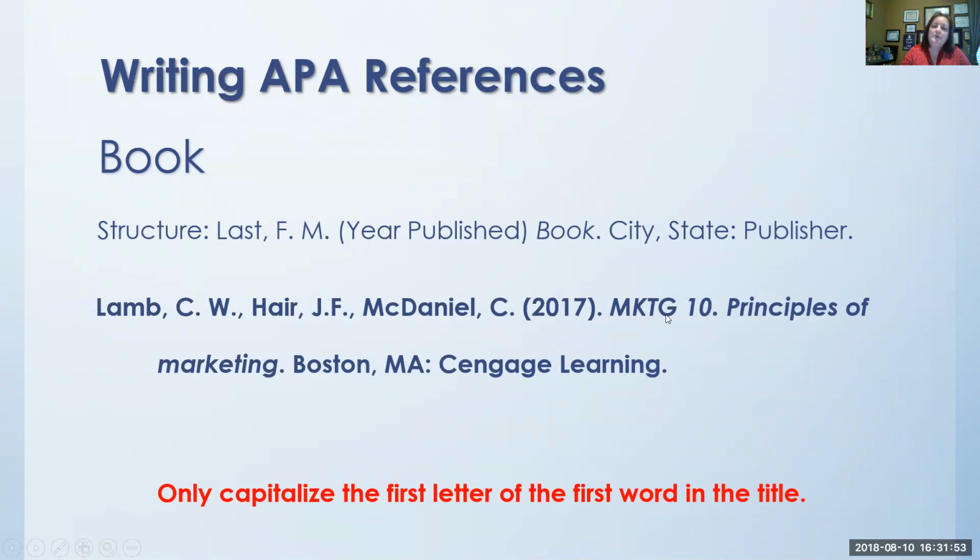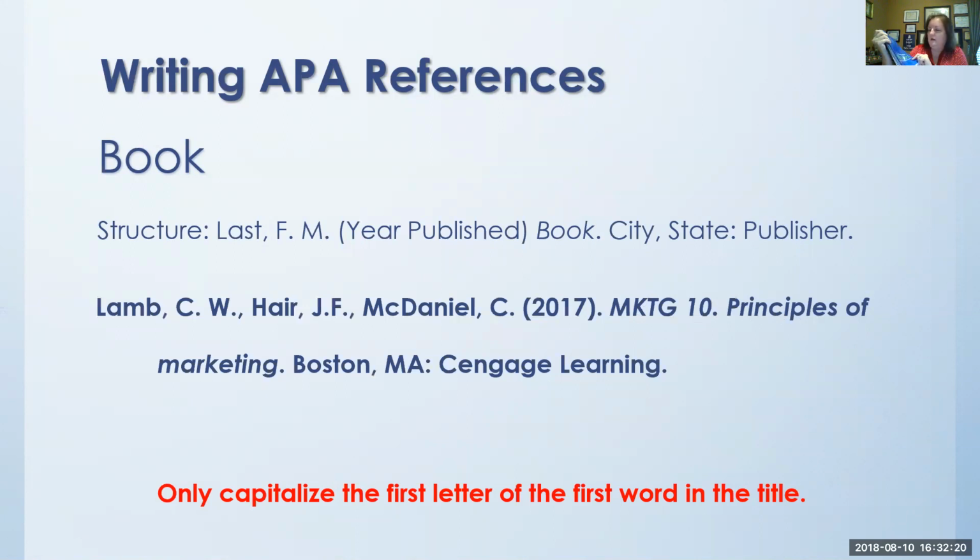Now this particular book has 2 titles. Yeah, I guess you could say like a title and a subtitle. So you have Marketing 10 and a period, and then you have Principles of Marketing and a period. Just like in this APA manual that I showed earlier, you have 6th edition up here at the top, you have publication manual, you've got several lines of information.